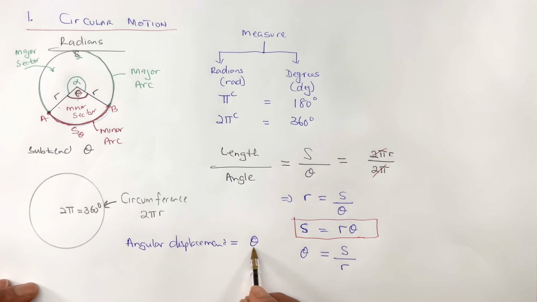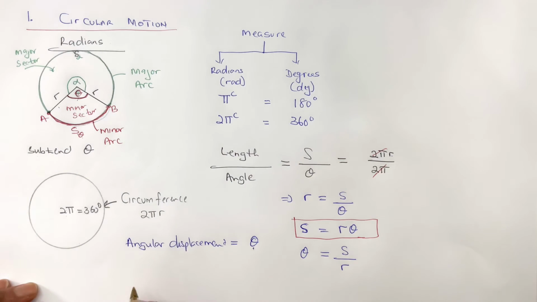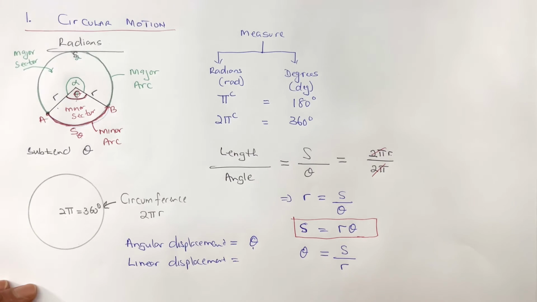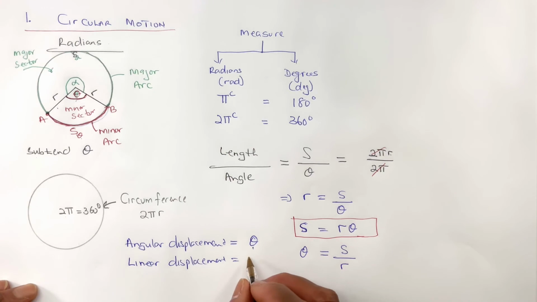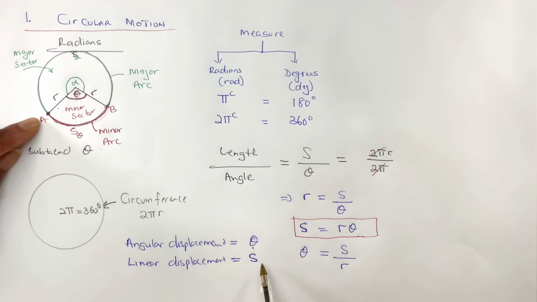We go from there to there, the angle is being created. And the linear displacement is the arc length that we're talking about, which is S. So that means the length from A to B. That will be the linear displacement.